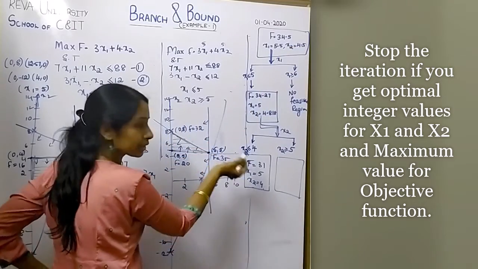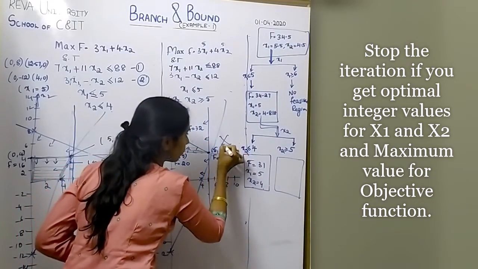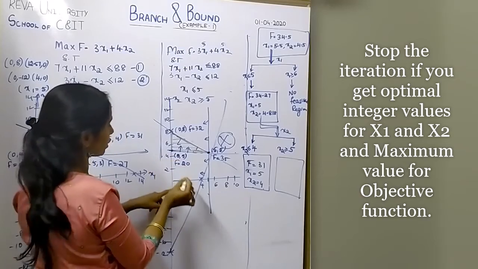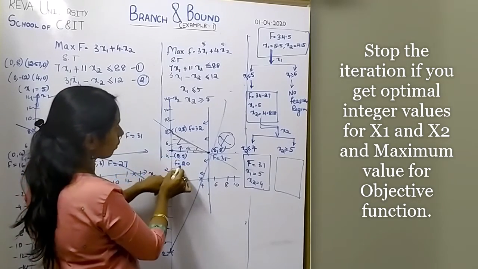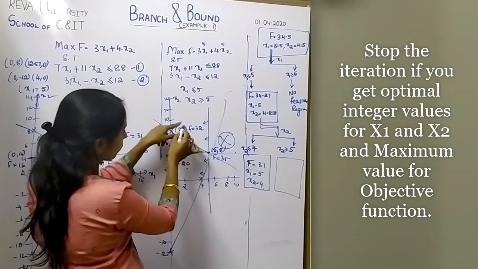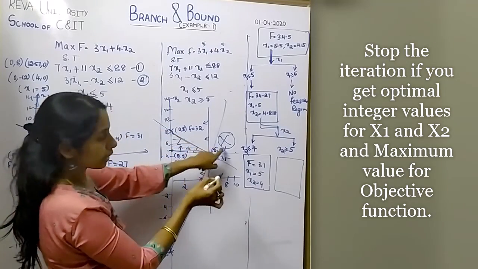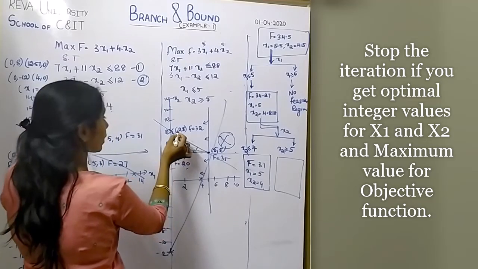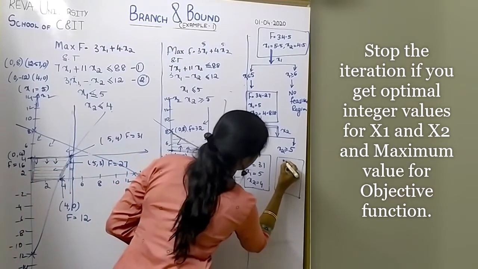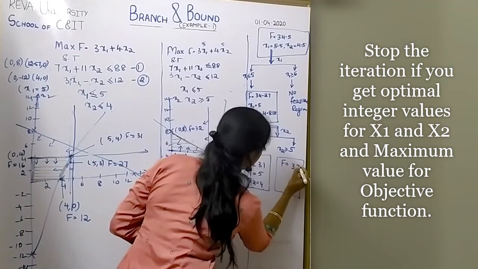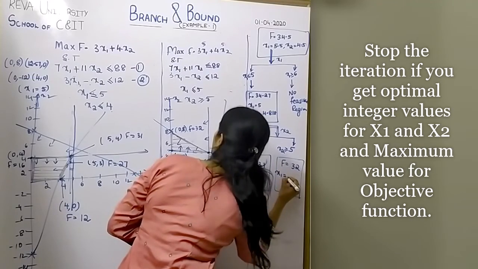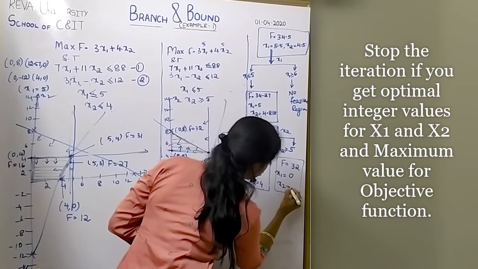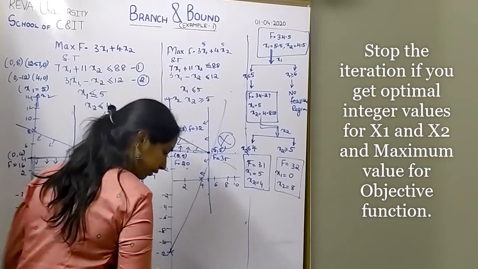This is crossing that limit, so we should not consider this. And 0, 5, f is equal to 20. Which can we consider among these? We cannot consider 5, 5 because it crosses this limit. So we can consider 0, 8: f is equal to 32, x1 is equal to 0, x2 is equal to 8.